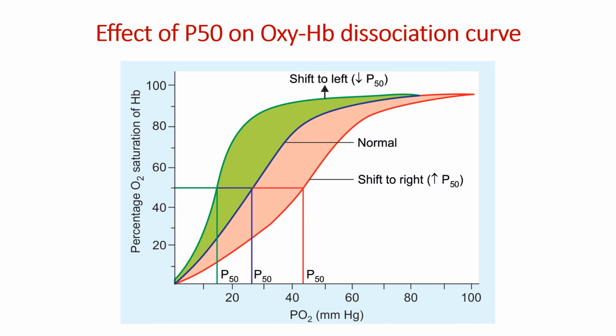See, this is your normal curve. When the curve shifts to the right, what is the P50? P50 is about 50 mmHg.